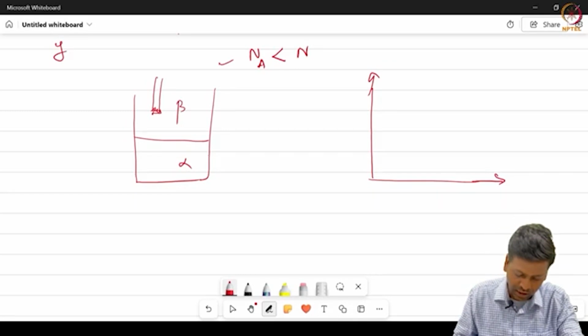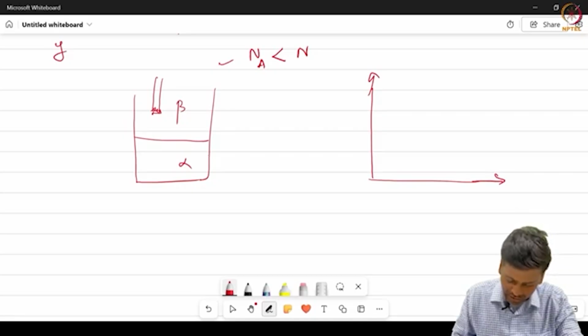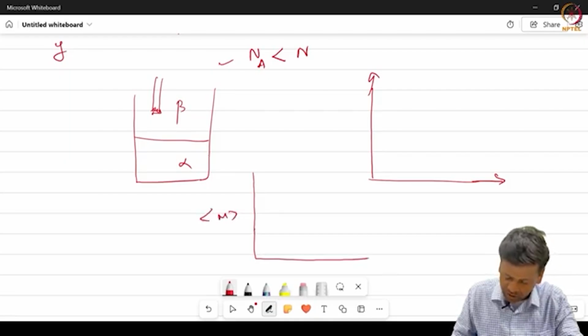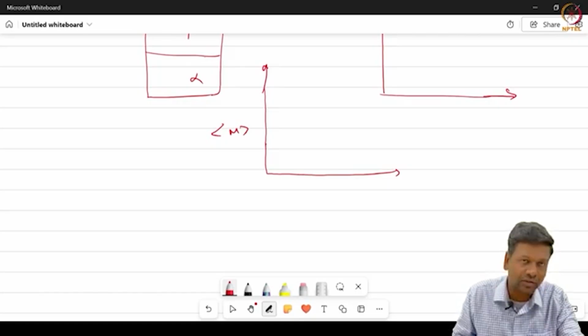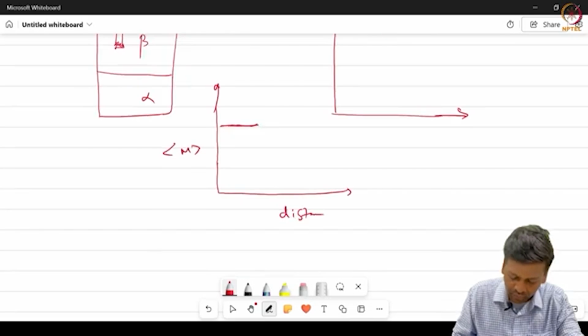So let's say I measure some average property as a function of distance across the interface. You expect that the property in the bulk, because let's say we are measuring surface tension, will have some constant value.